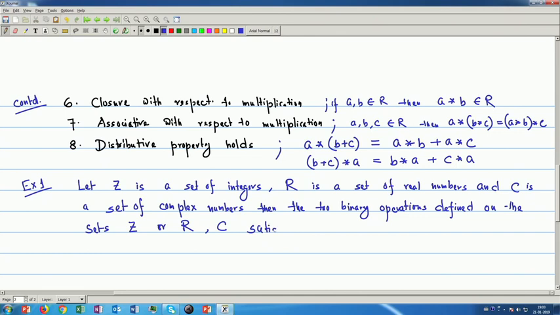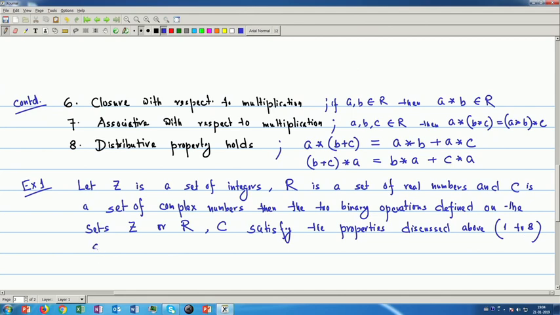They satisfy the properties we just discussed: the additive commutative group, and with respect to multiplication, the closure, associative and distributive properties. Now, I can write that 1 to 8 that we have discussed.